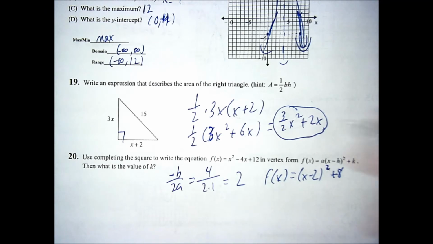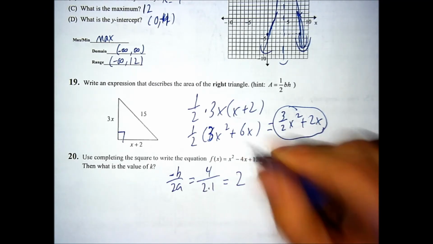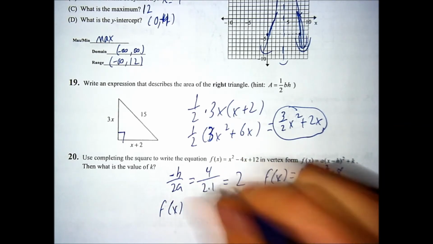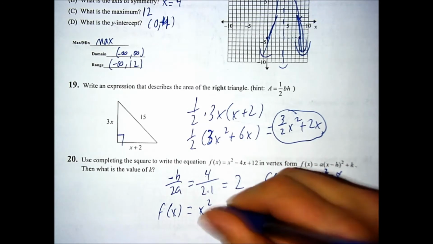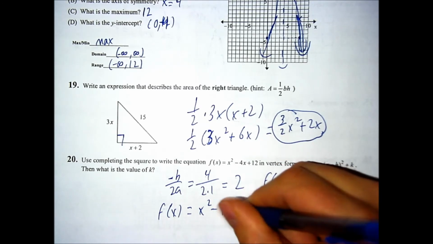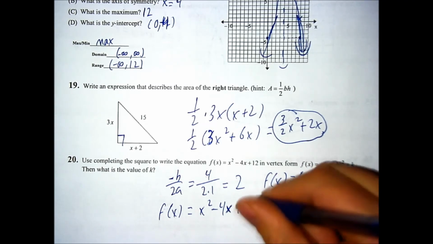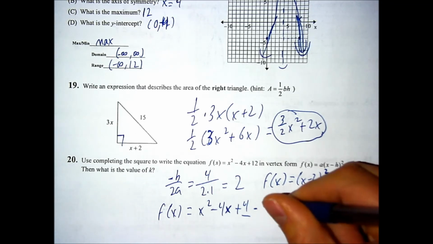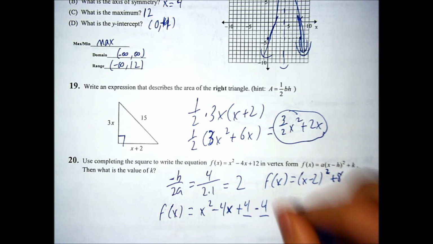So to complete the square, again, you take half of b and you square it and add it and subtract it. And this is in fact not particularly more difficult than opposite b over 2a. It's just different. So I take half of -4, which is -2, and then square that quantity, which is 4. So I'm going to add 4 and subtract 4.